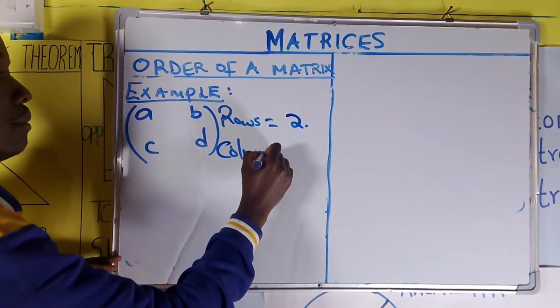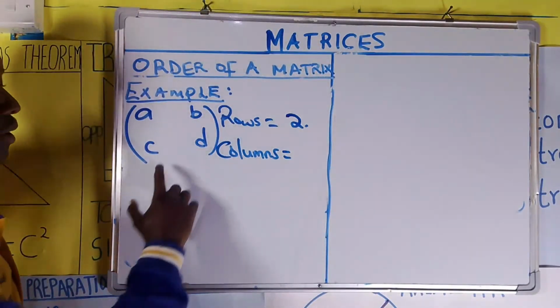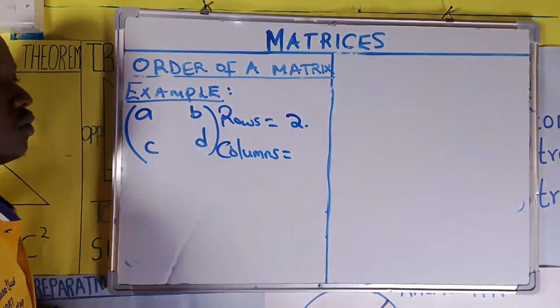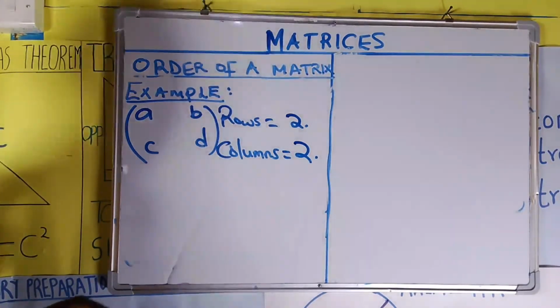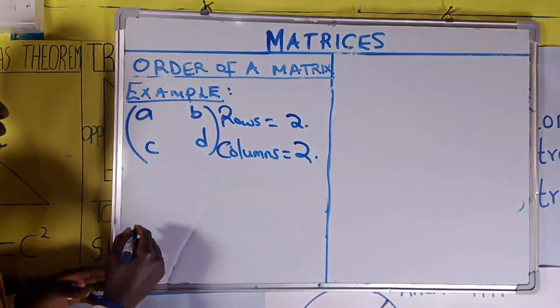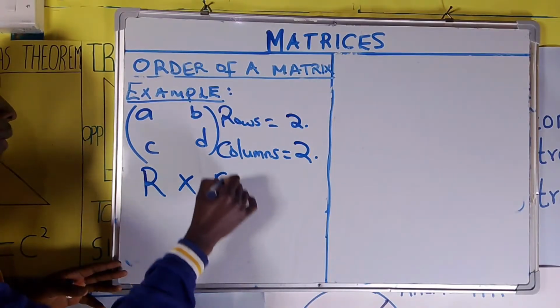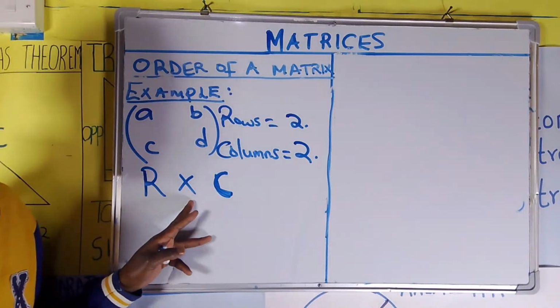And about columns, we have 1, 2. We have 2 columns. To find the order of this matrix, the order is in the form of row by column. This is not multiplication.